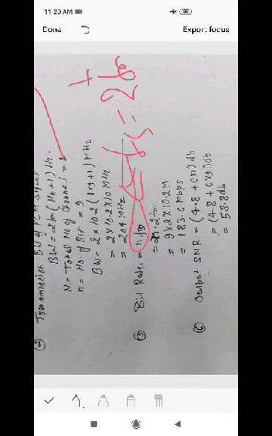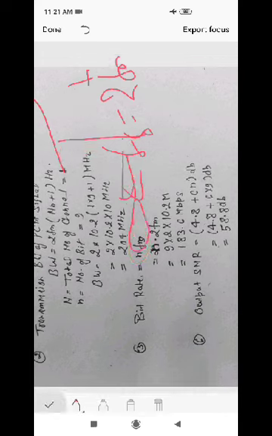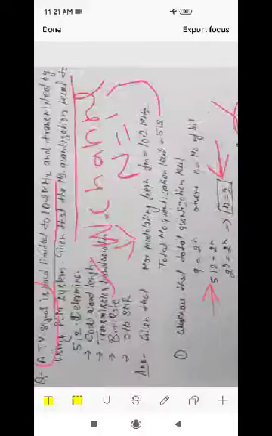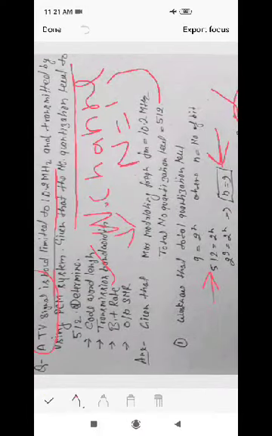Now we move on to the fourth parameter, which we want to calculate: output SNR. Output SNR is simply output signal to noise ratio. Signal to noise ratio means simply signal power over noise power.